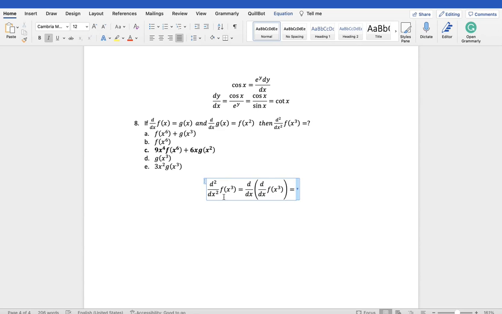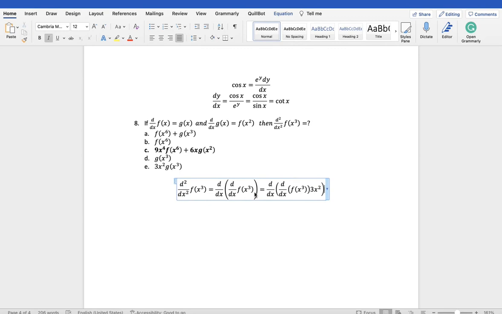Based on the chain rule that you have learned, you have to take the derivative of the outside function first. So the derivative of f of x cubed, let me write that down. Then you take the derivative of the inside function, which is the derivative of x cubed, which is just 3x squared, right?